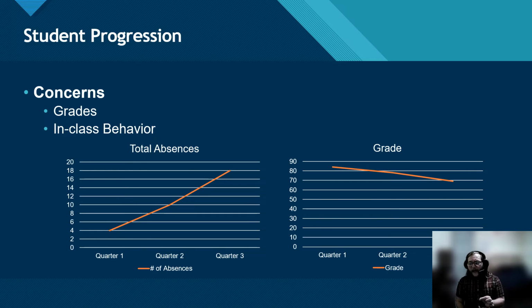And then at quarter 3, she's sitting at a 69. So her grade is currently a D right now. And I believe, again, that's a mix of those 18 absences and the in-class behavior, being distracted, talking to peers, just generally being unable to focus on the work.